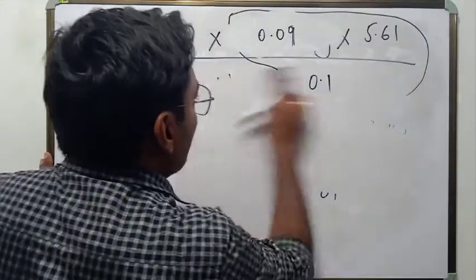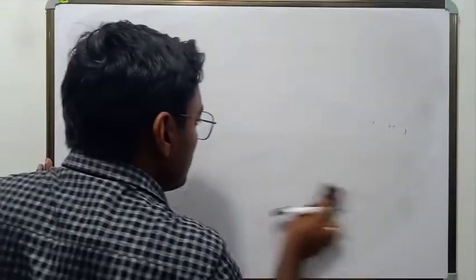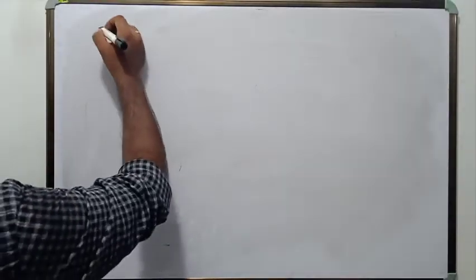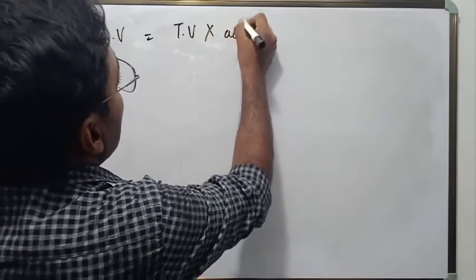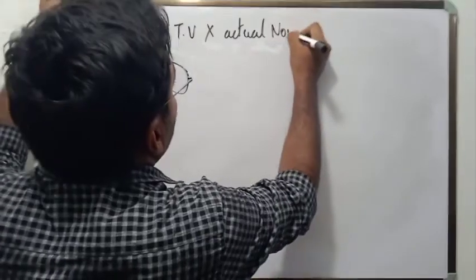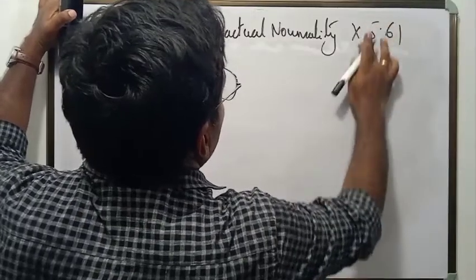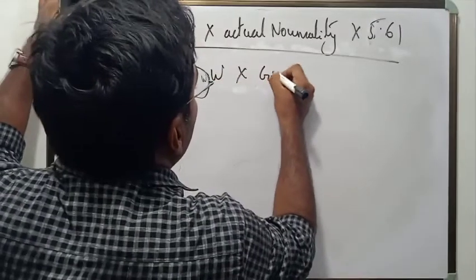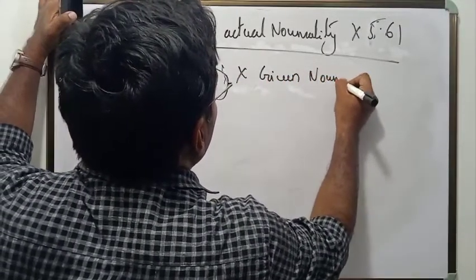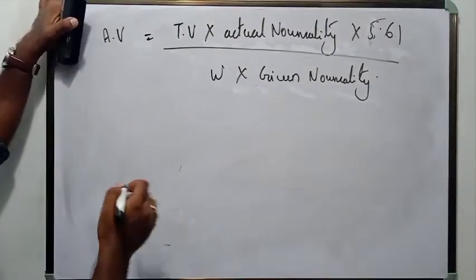Now suppose the strength of KOH is made in normality. In that case your equation will be the same: titer value into actual normality into the equivalency, 5.61, divided by weight into given normality. So we know the equivalency for molarity; there is also an equivalency for normality.